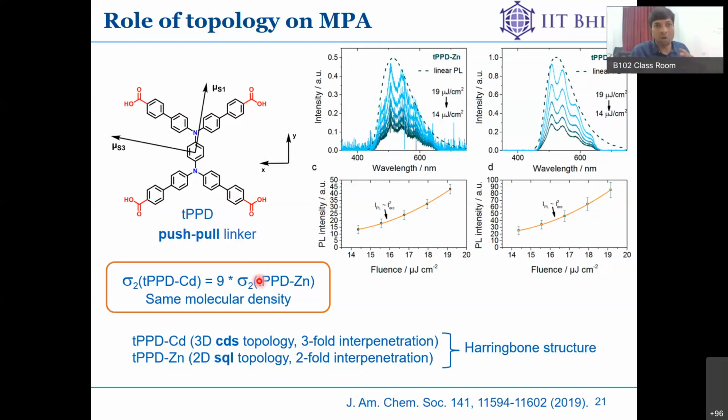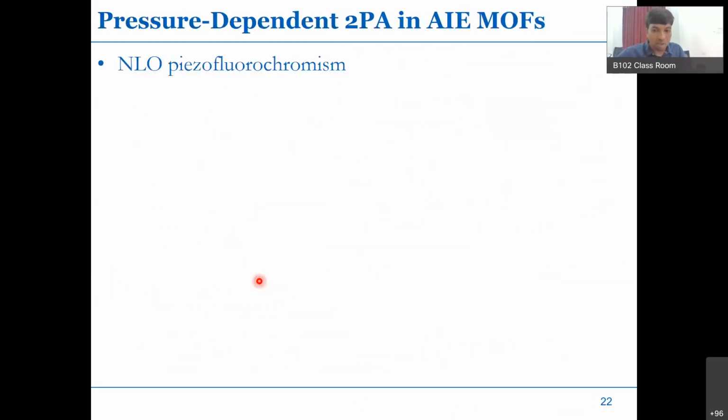So now we are trying to establish the structure-property relations: how to control the packing, how to arrange the molecules in the three-dimensional framework, and with these methodologies, how we can enhance the NLO activity of the materials. We have evaluated a few factors, and we are still establishing it. And the last one, not last one.